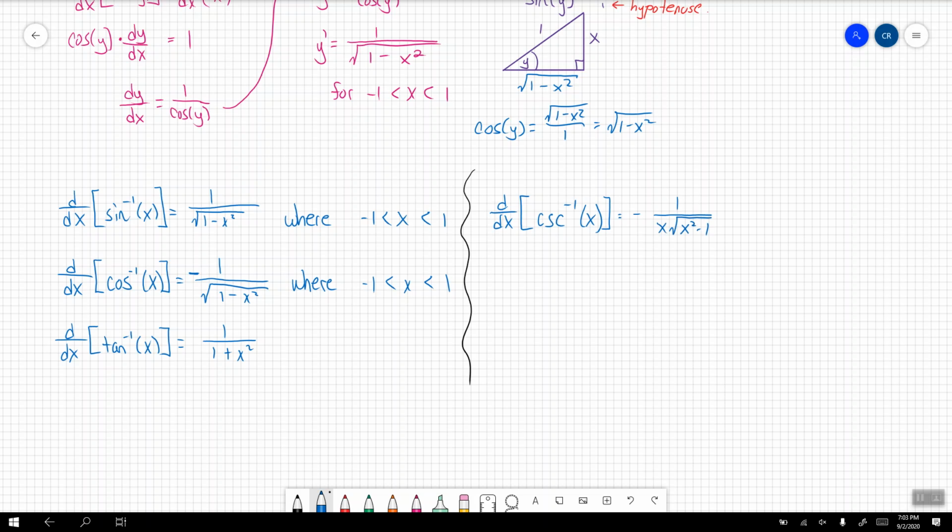The next one, secant. So the derivative for secant inverse is going to be very similar. However, this one is going to be 1 divided by x multiplied by the square root of x squared minus 1. There we are, looking pretty good. Now, we're going to work with the last one, which is going to be tangent. So let's look at tangent inverse.